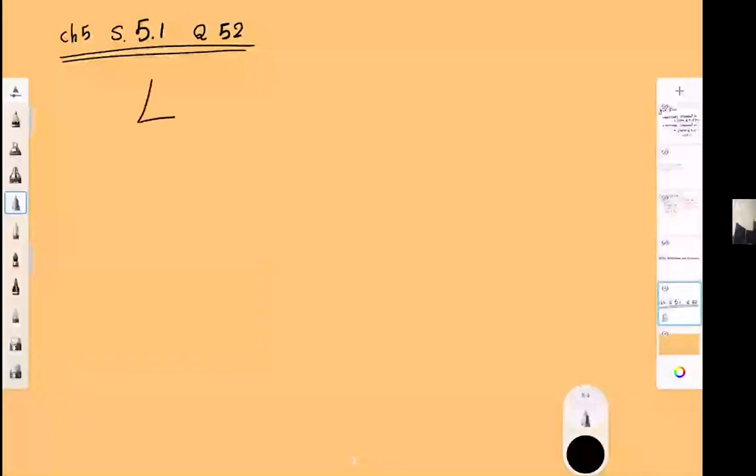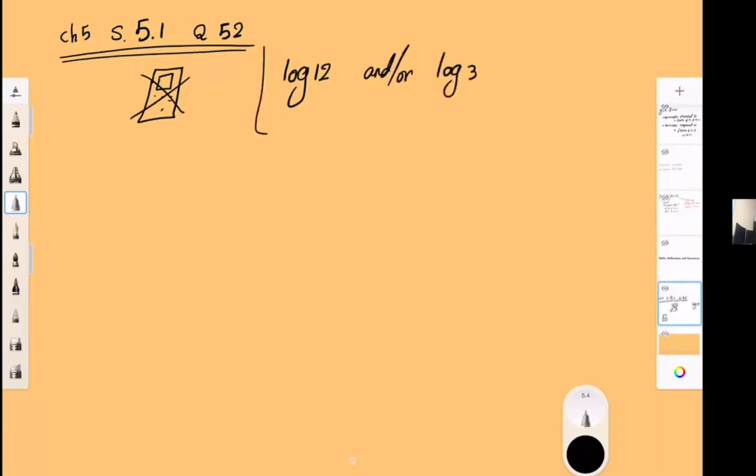With no calculator. So they give us log of 12 and log of 3. So we have these two.